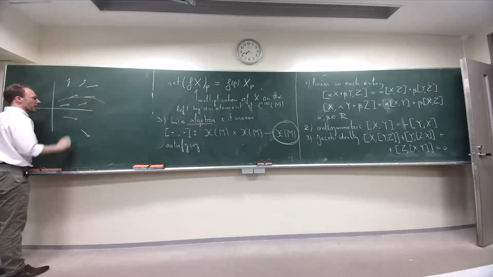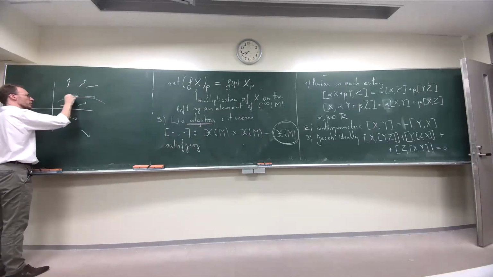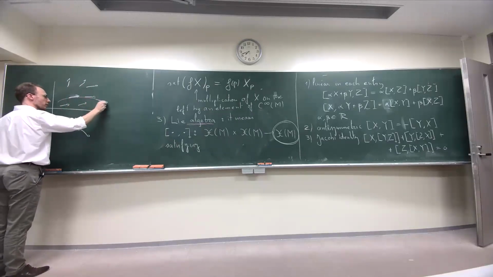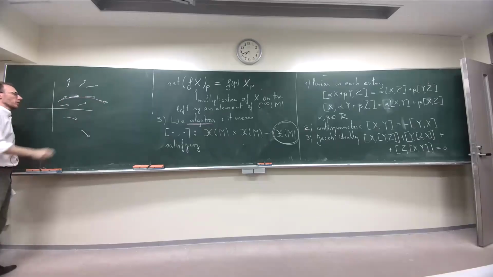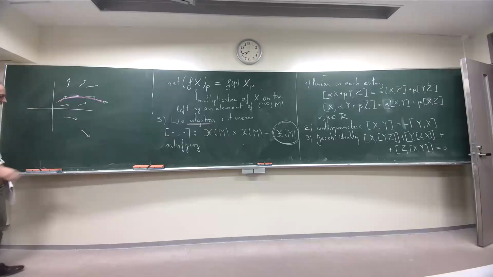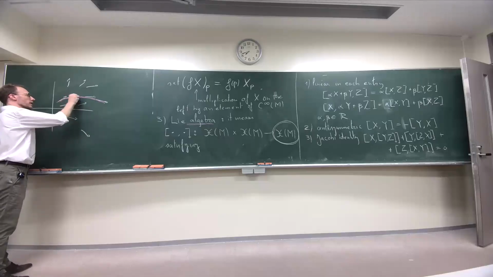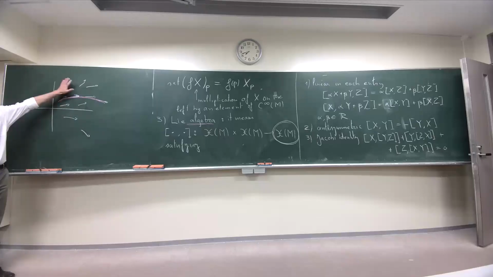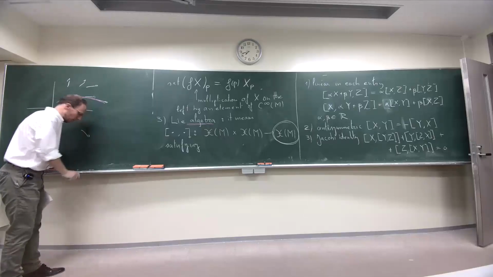And then your vector field is supposed to be tangent everywhere. What is this red curve? This is an additional thing, because the vector field is just this collection of arrows. What is this curve? This is what I need to tell you now.